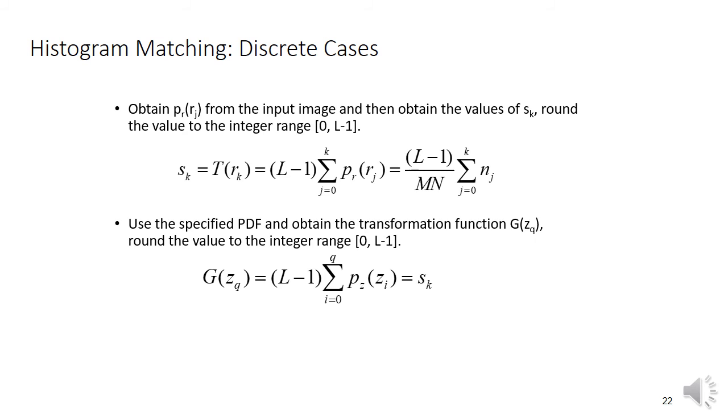We want to obtain this transformation function, G(z_q), which is equal to (L-1) times the summation of i from 0 to q of the probability of z applied on z_i. So this gives us the output s_k. Similarly, like in the previous continuous case, now we map from s_k to z_q, so z_q is equal to the inverse transformation applied on s_k.